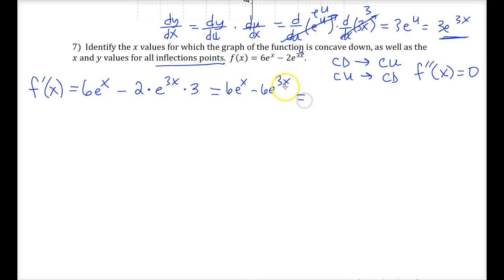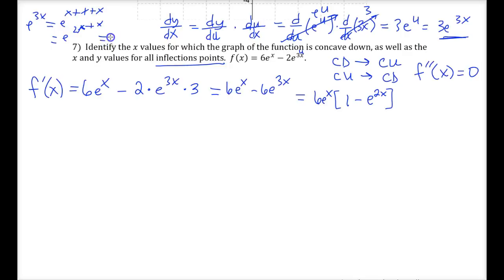And from there, I'm going to factor out 6 e to the x. That would just leave me with 1 minus e to the 2x. And of course, how I get that, if I have e to the 3x, that's the same as saying e to the x plus x, which is the same as e to the 2x plus x.